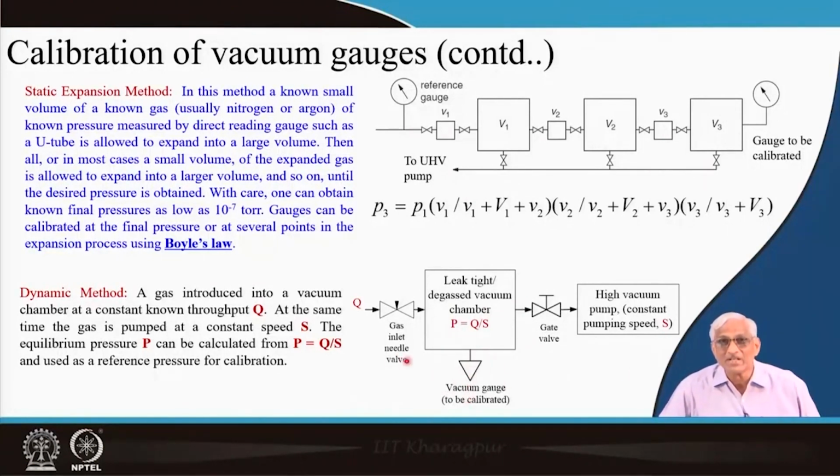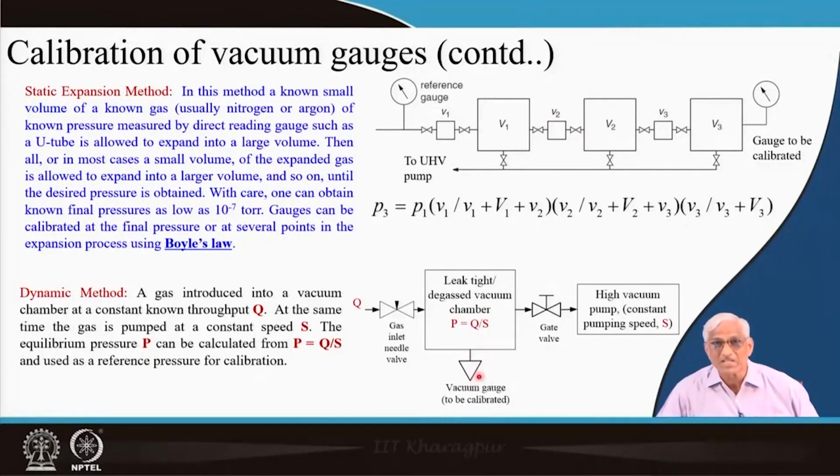We connect it here. This is Q and this is my pumping speed S. Throughput divided by pumping speed gives you one pressure, equilibrium pressure, that can be calculated by P is equal to Q by S, that comes out of calculation, we are not measuring. So, that P can be taken as the standard reference.